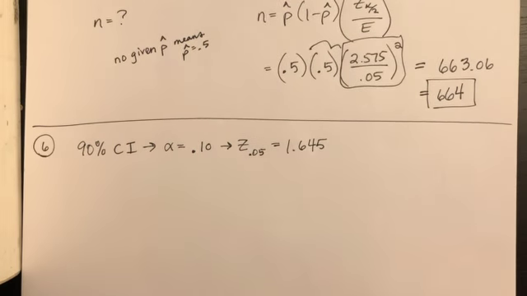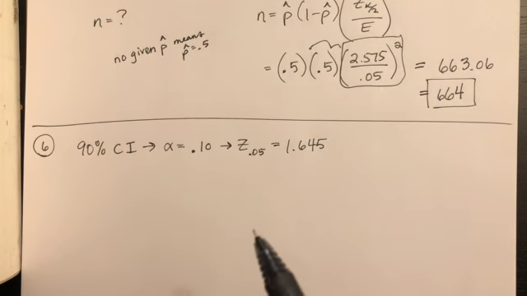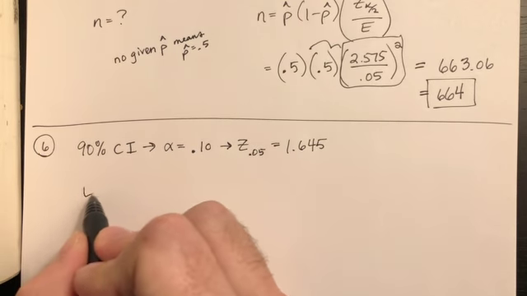That's the z-score. And again, like I said, you can just say 1.64 or 1.65. They'll both work okay.